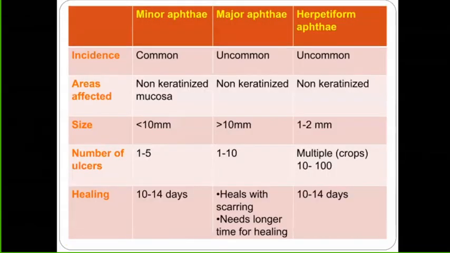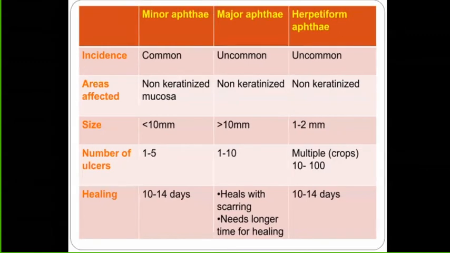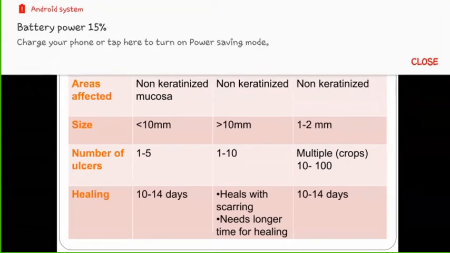Now if we compare major, minor, and herpetiform, this is what they show. Incidence: most common is minor aphthous, while major and herpetiform are less common. Areas affected: most of them will be on non-keratinized mucosa, none of them on keratinized mucosa.